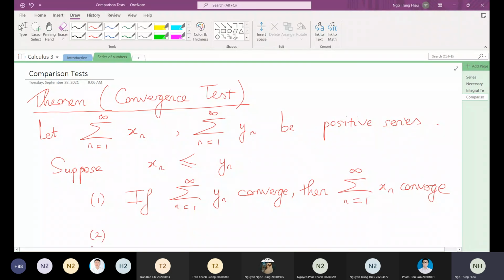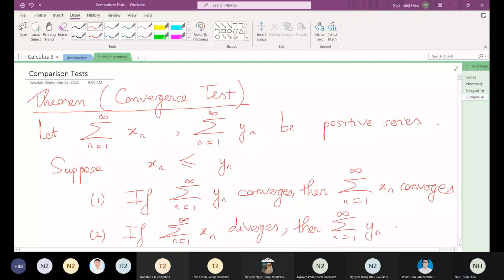And similarly, if the first series diverges, then the second series diverges. So if the small series is infinite, then the large series has to be infinite as well.